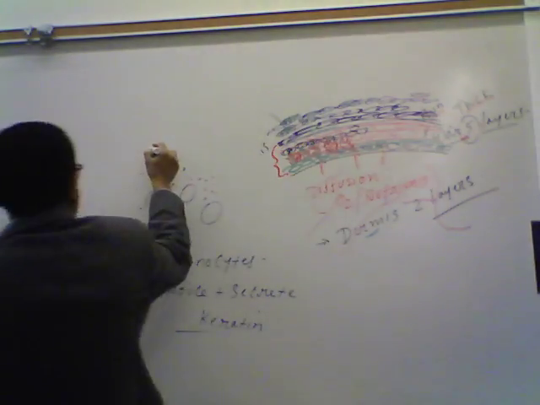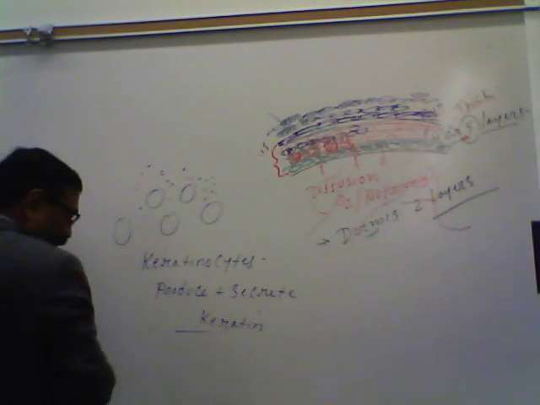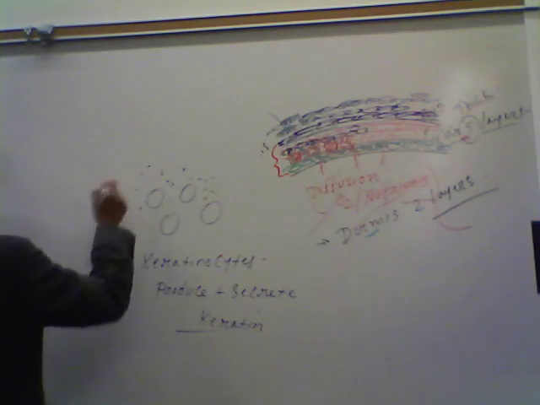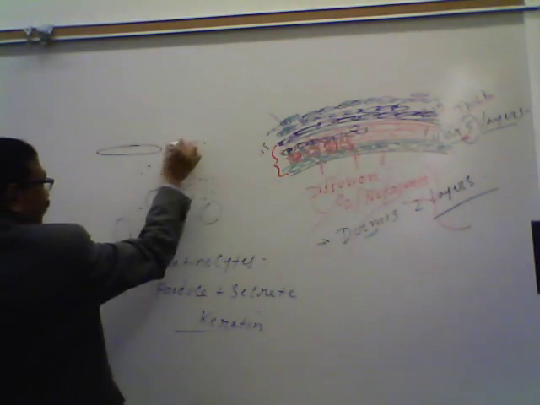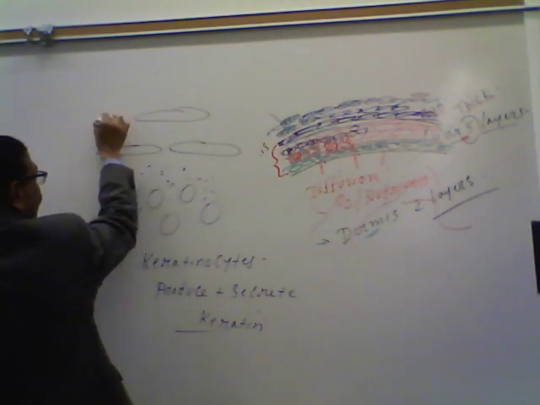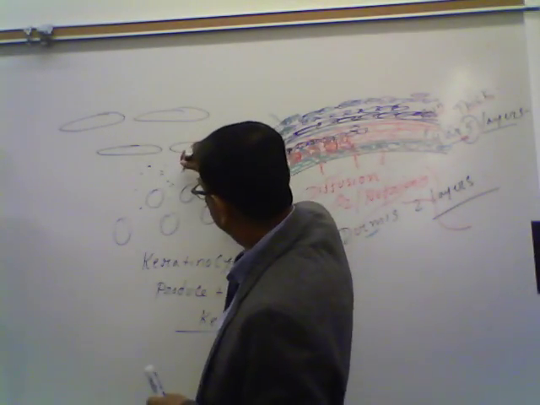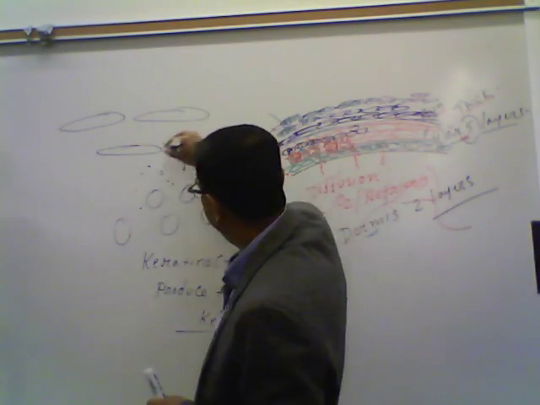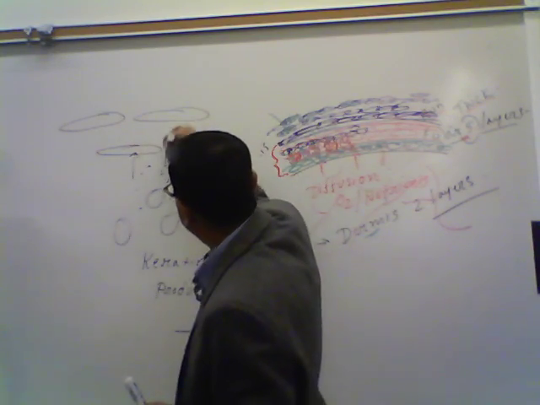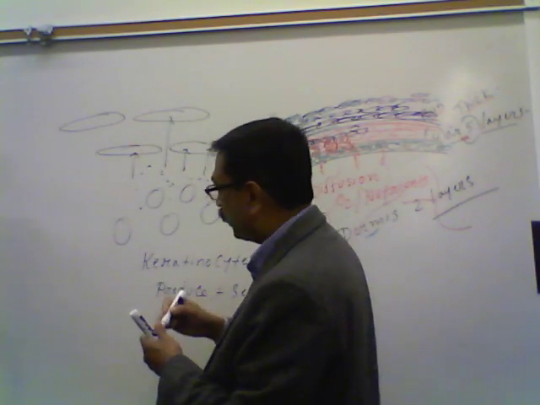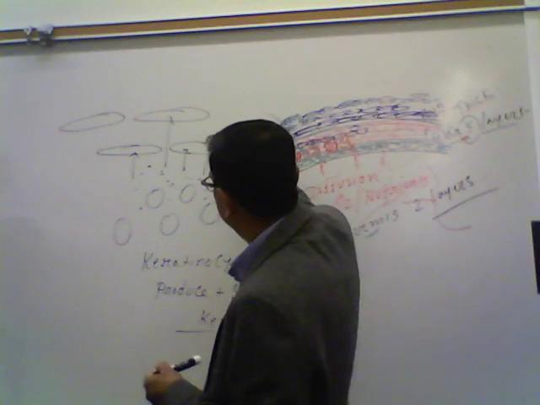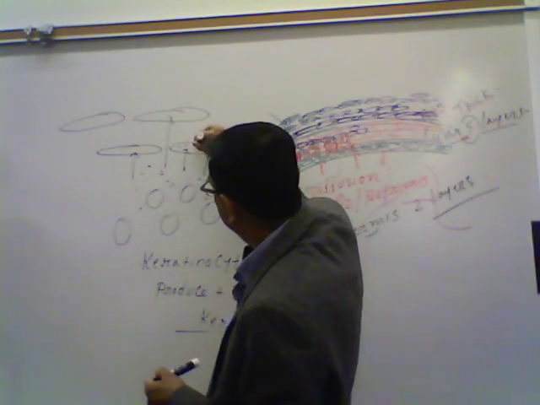Then, what happens? You have dead squamous cells. These are flat squamous cells. The keratin molecules enter into these dead squamous cells, so these cells get filled with keratin. This process is called keratinization.